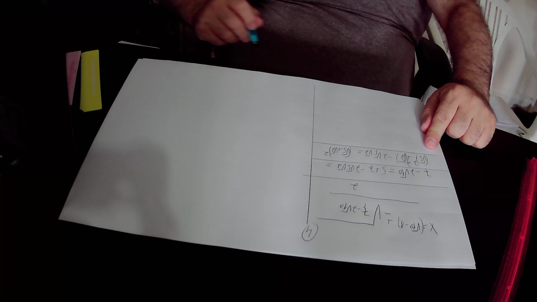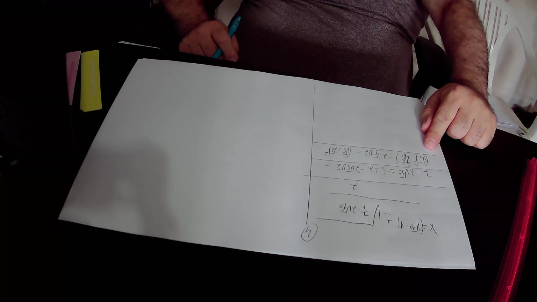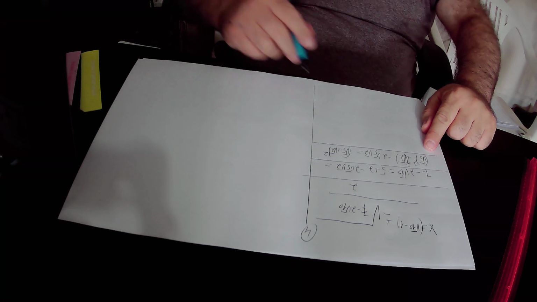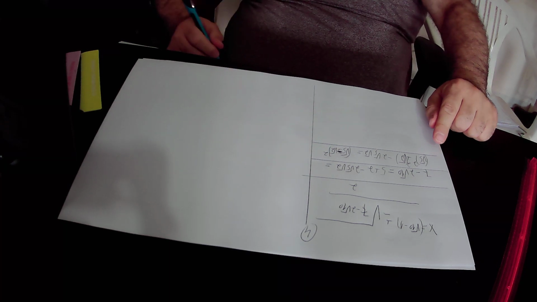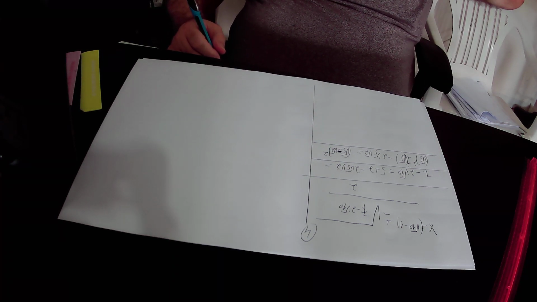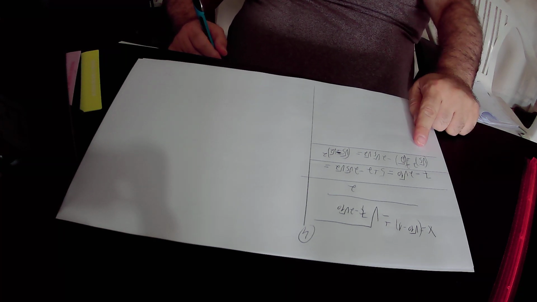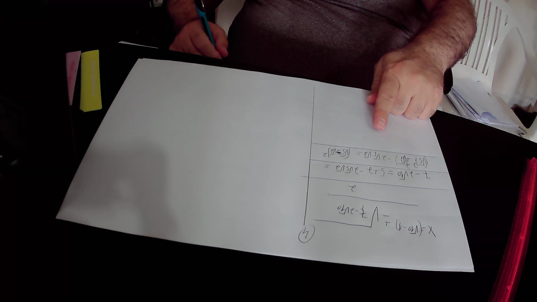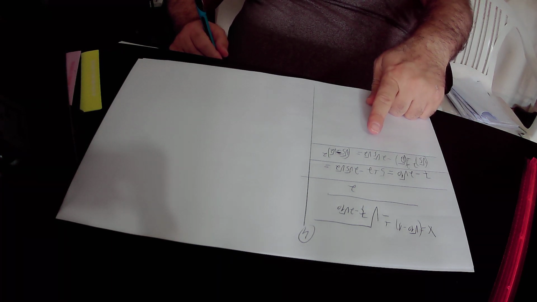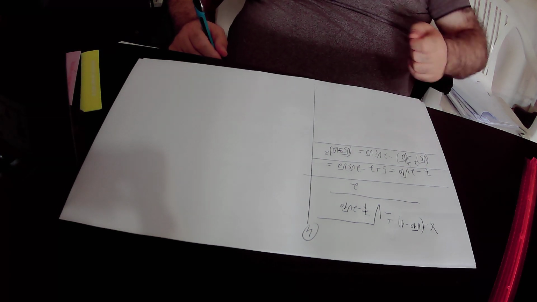Again, according to the algebraic identity that a minus b squared equals a squared plus b squared minus 2 times ab, it is the square root of 5 squared plus the square root of 2 squared minus 2 times the square root of 5 times the square root of 2, which equals the square root of 5 minus the square root of 2 squared.